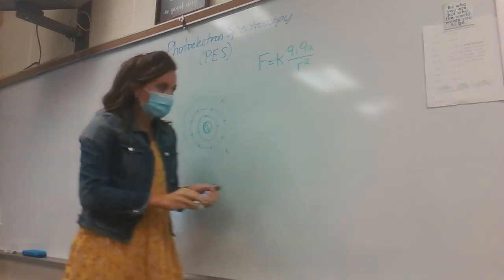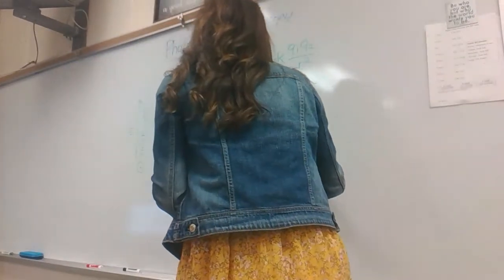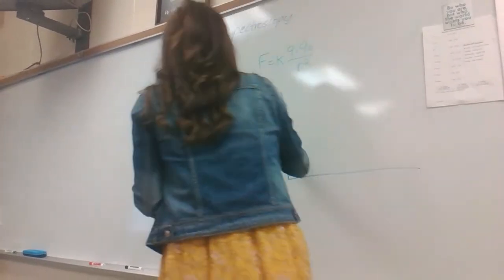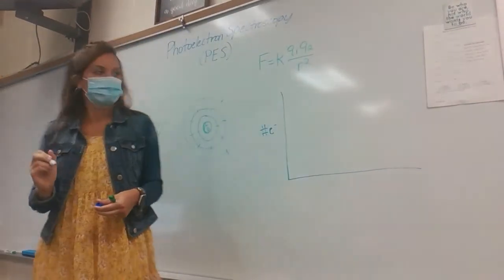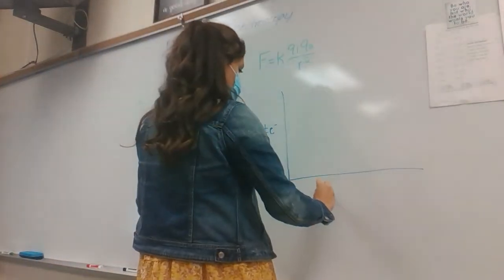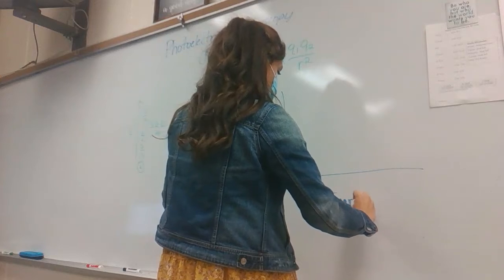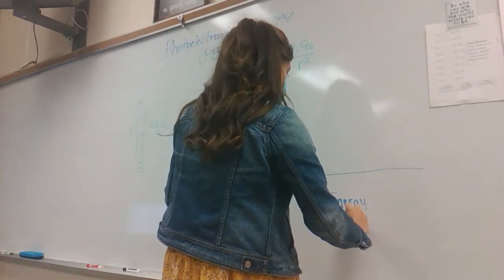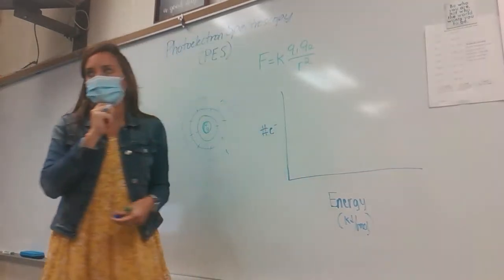Okay, so if we look at a PES for this, we have number of electrons on the y-axis and the amount of energy in kilojoules per mole on the x-axis.